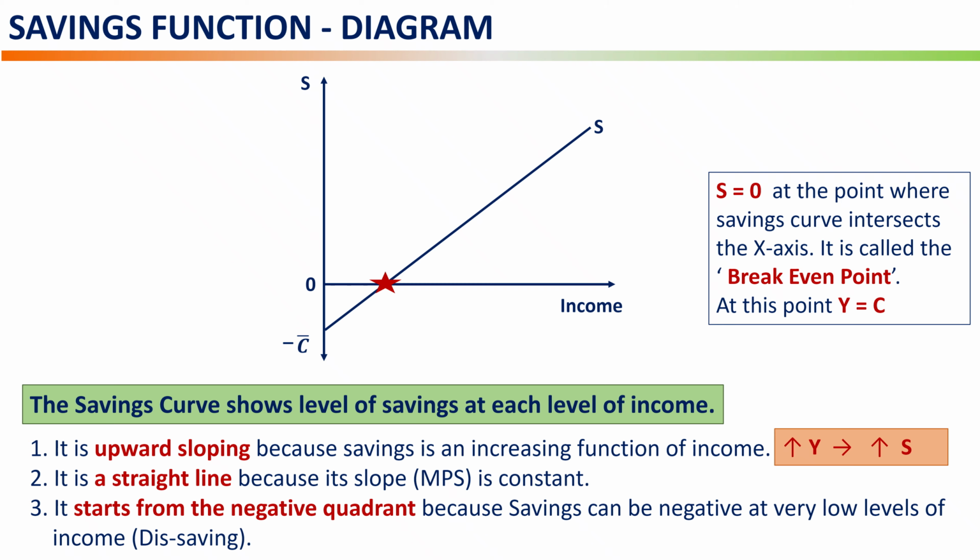It is called the break-even point because 0 savings implies that income is equal to consumption. That is, Y is equal to C and nothing is saved by the households. So the households are breaking even. Whatever they are earning, they are consuming.